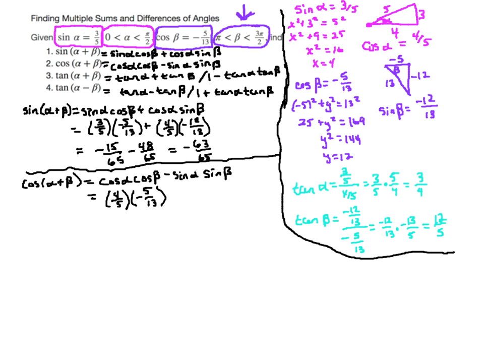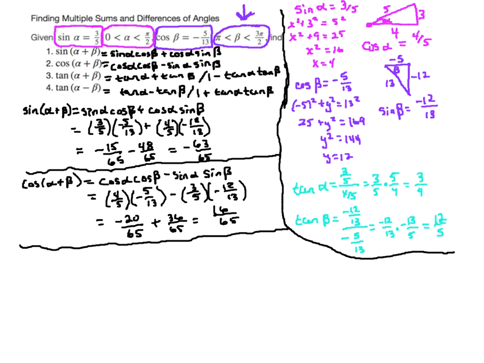Cosine beta is -5/13 minus sine alpha, that's 3/5, times sine beta, which is -12/13. Okay, so here we have -20/65. And here we have +36/65. Common denominator, so I can combine my numerators over my common denominator, and I get 16/65 for cosine alpha plus beta.